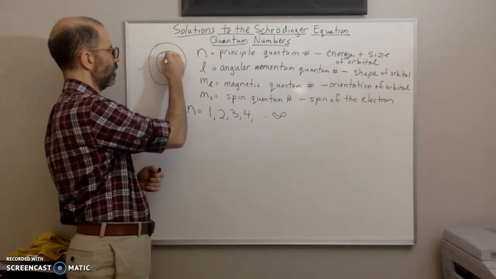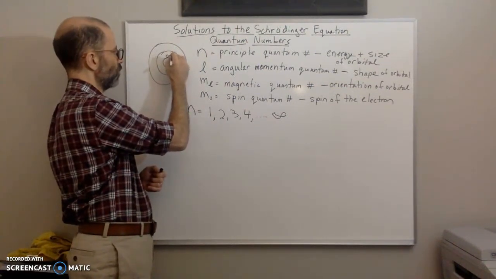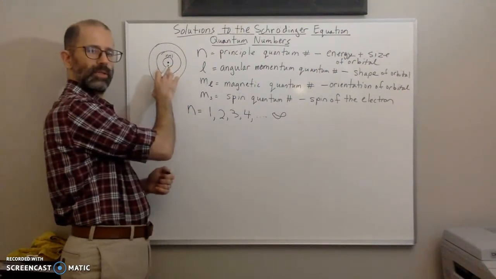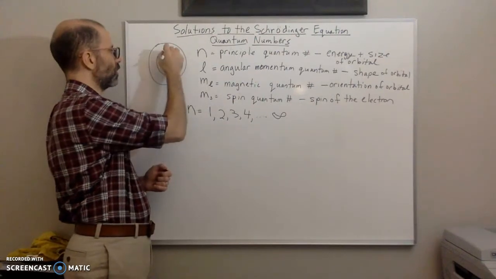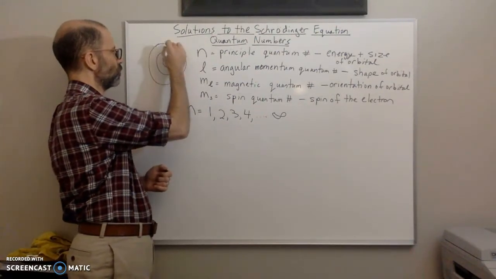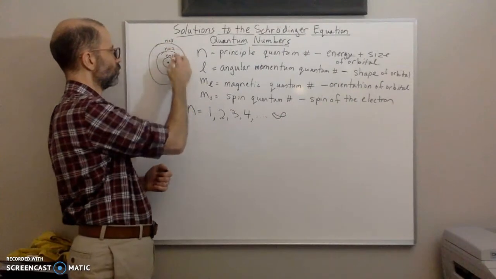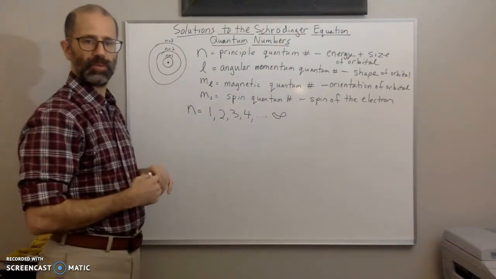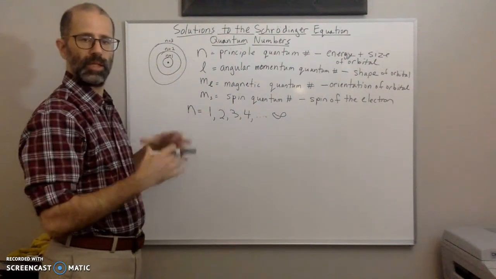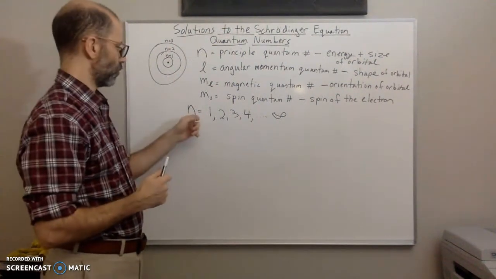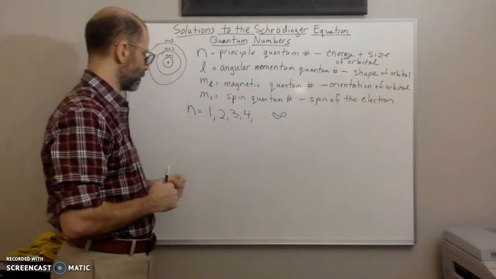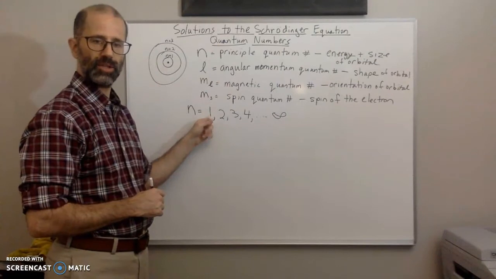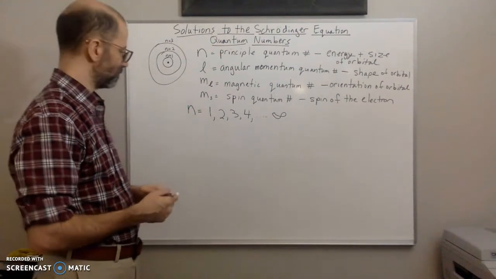Starting from the inside out, the closest orbit is n equals 1, the next one is n equals 2, the next one is n equals 3. The farther away you get from the center of the atom, the higher the energy. So n equals 1 is the lowest energy shell, or energy level.